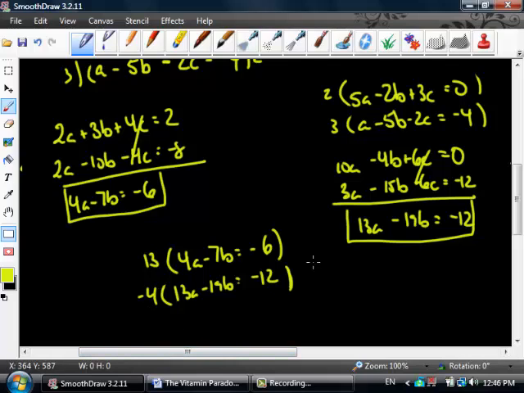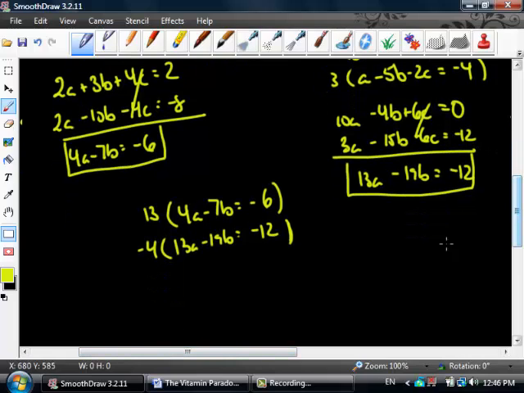By negative 4, right? Okay, so what I need is 13 times 4. So that's 26, 52? 52a minus 13 times 7. 91? 91b equals 13 times negative 6. Say again? 78? Okay.